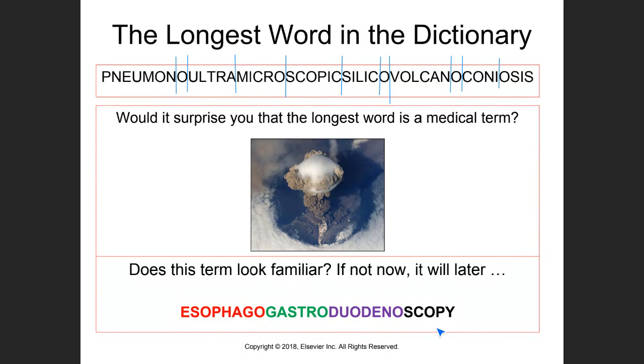And what am I examining? I'm examining your esophagus. Gastro stands for stomach, and duoden means the duodenum, which is the first section of your small intestine. So I'm basically going to put a tube with a camera at the end down your nose or down your throat, actually not your nose, your throat, and it's going to go down your esophagus, which I'm going to look for.